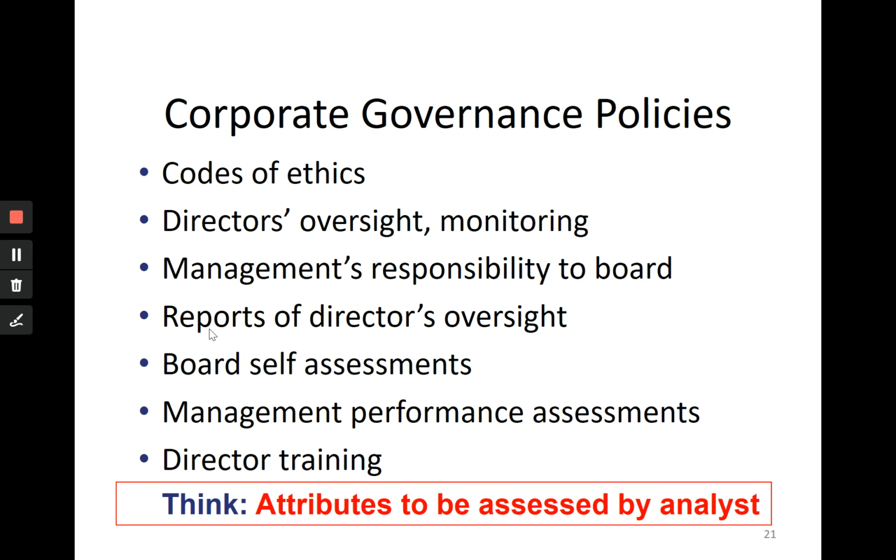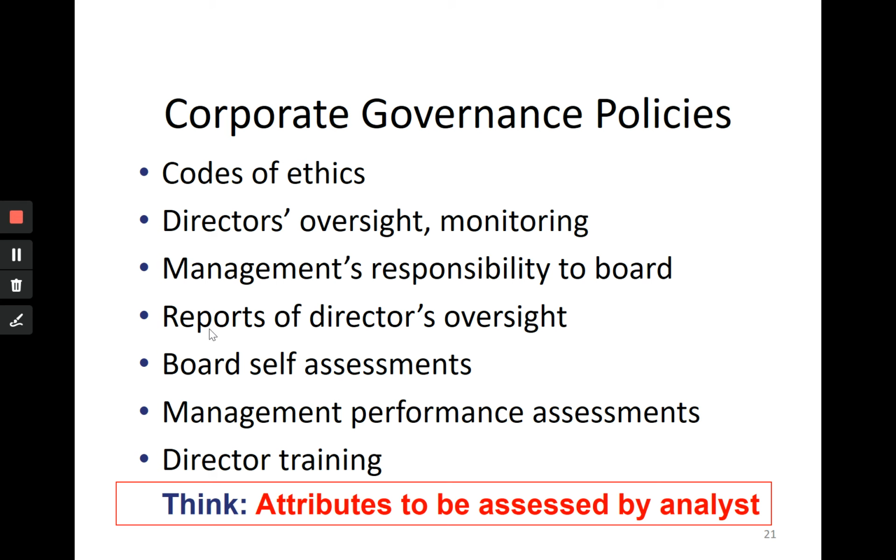The corporate governance policies that we talked about before have attributes that a financial analyst could look at and analyze and figure out if the governance policy is a good governance policy. First is codes of ethics.